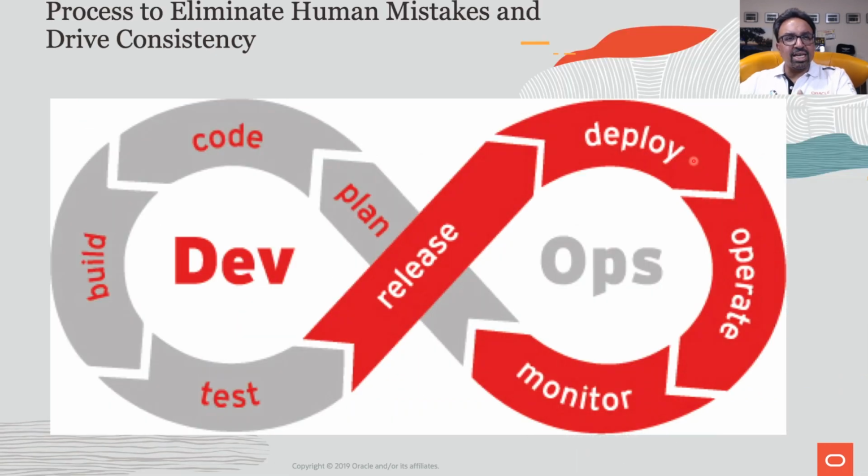So just take a moment and ask what is that process? There's a general structure out there in this infinity symbol. You'll see it's a build, code, plan, monitor, operate, deploy, release, test. All these are the high-level architecture of the process that we're going to look to design in a DevOps culture. But each of these sections is a process in itself that's designed by you in your organization, and it will be different for your application, different for each department, different for each company.